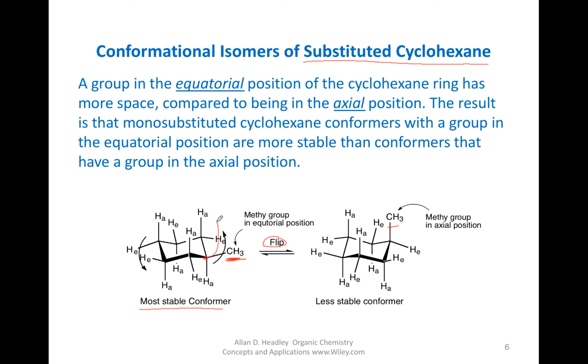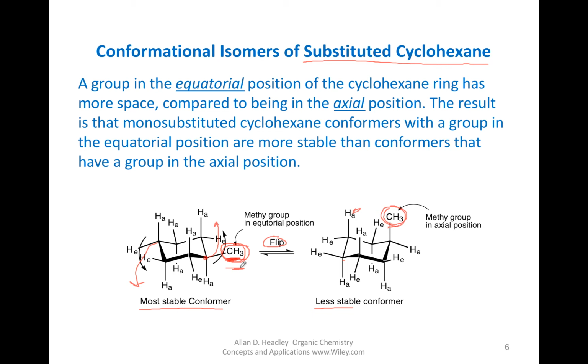So if this goes up, as we have seen here, and this comes down, as we have seen here, this will go from the equatorial position into the axial position. If it's in the axial position, it's closer to these hydrogens here, and of course less stable. Conclusion: if you have a monosubstituted cyclohexane, the most stable conformer is the group being in the equatorial position.